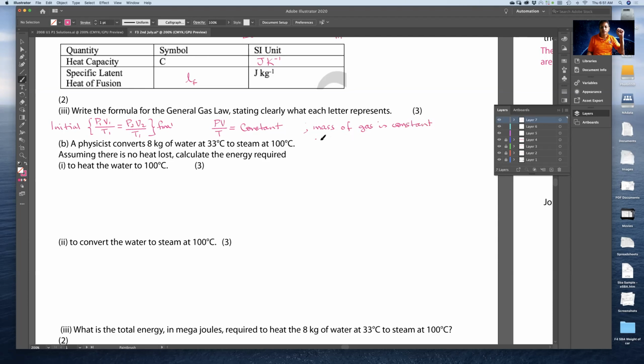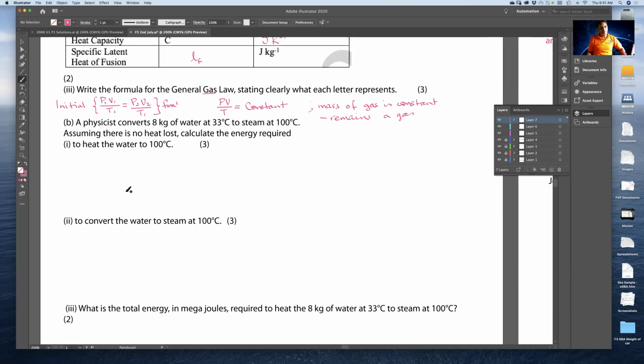And of course, that it remains a gas, right? When you cool some gases, they actually liquefy. So this is only true if the substance remains a gas. That's kind of obvious, it's a gas law. It must remain a gas.